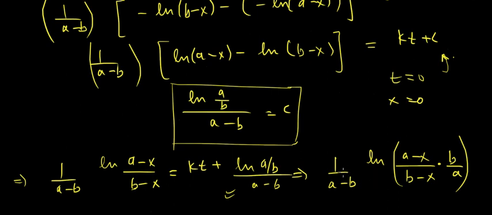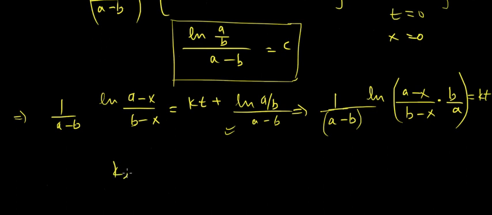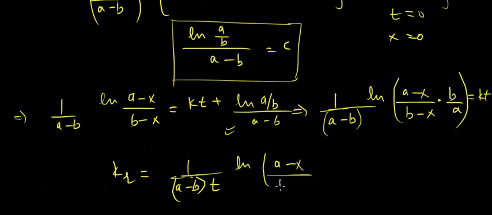So basically this term is kt, and if we divide it by t also, we would be getting the rate constant k as 1 upon (a minus b)t times ln((a minus x) divided by (b minus x)) multiplied with b upon a.